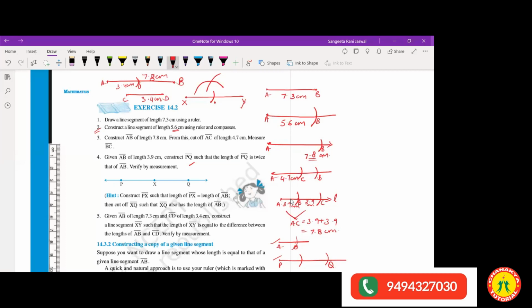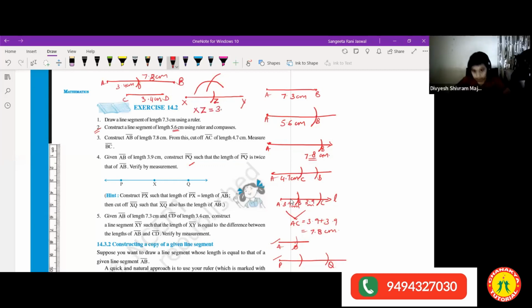So now you will observe this X and this point in the middle. Let this point be Z, so XZ. Just measure this XZ with your scale. What is the measurement of XZ? Ma'am, it's 3.9.